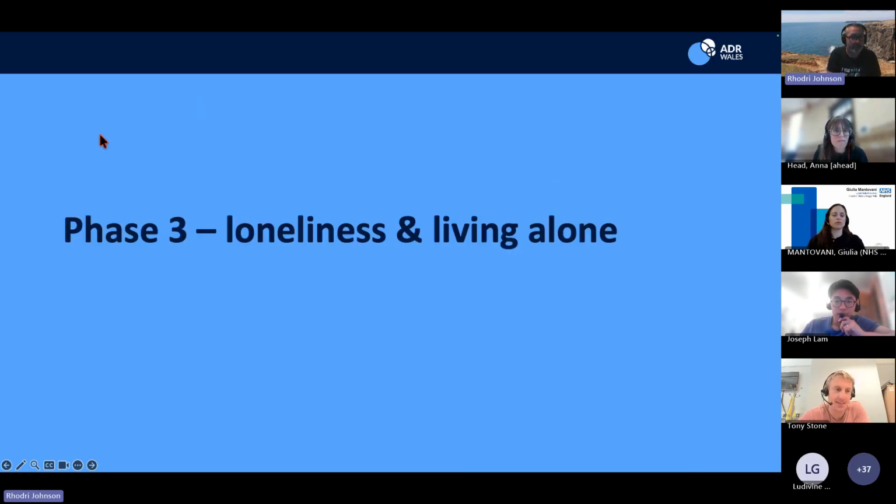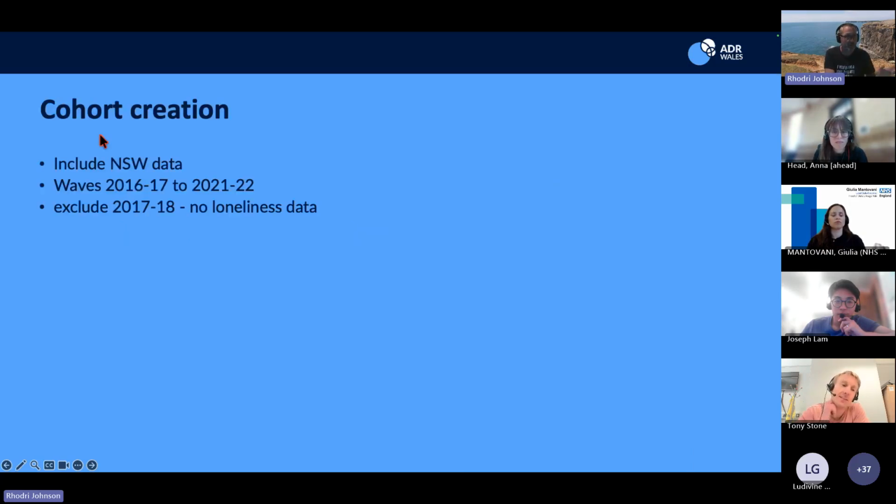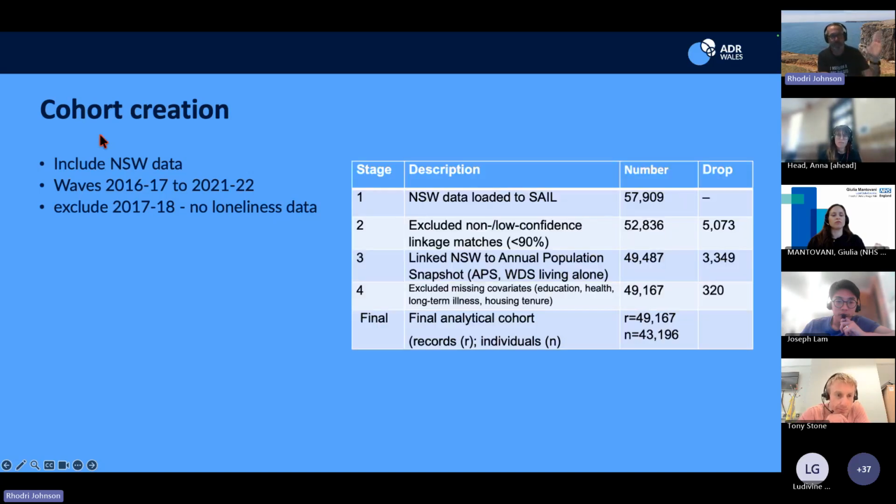So moving on to phase 3, this is actually linking the data, using it for the actual study outcomes. So cohort creation, National Survey for Wales data, waves 2016-17 to 21-22, excluded 2017 as there was no loneliness data recorded. So we start off with 58,000 records. We would exclude those that aren't matched at the individual level, low confidence matches, or no linkage, which actually is what we get for individuals, but not for household linkage, which is obviously useful information here.